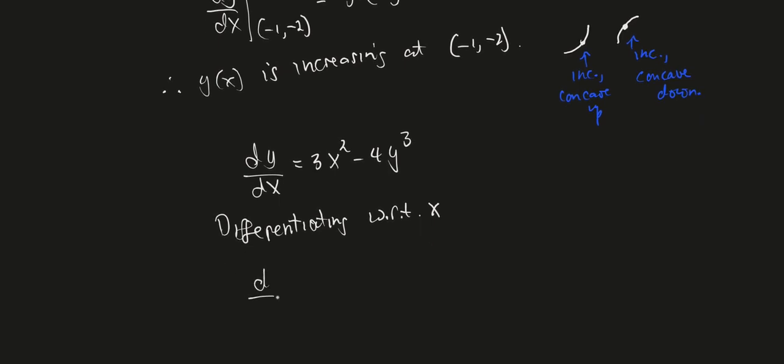I would take the derivative of my dy/dx, and that's how I get that other Leibniz notation. And then over here, I would have to take the derivative of my 3x squared, which is not a problem.